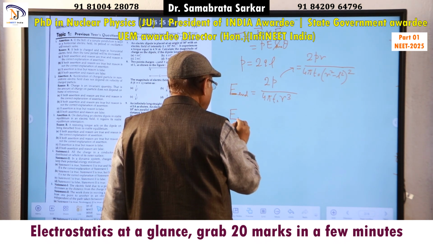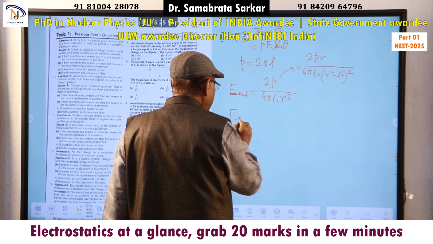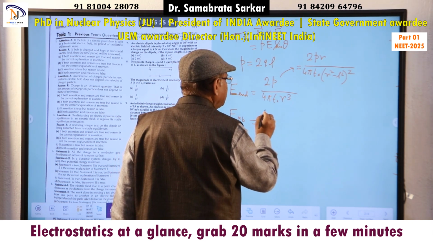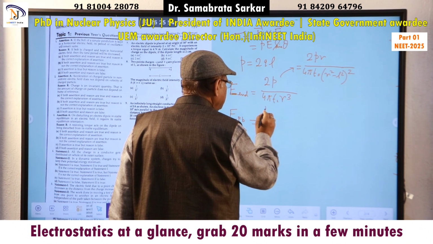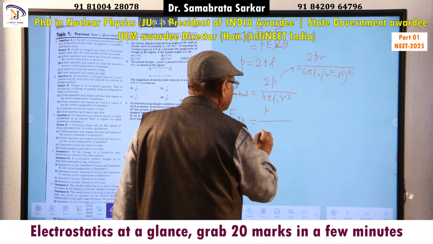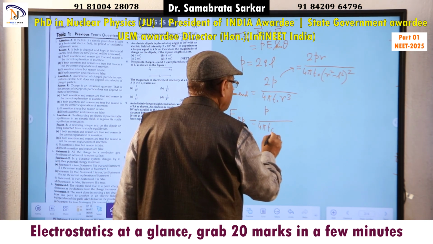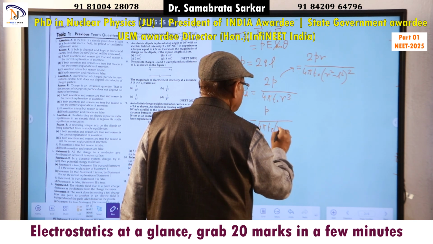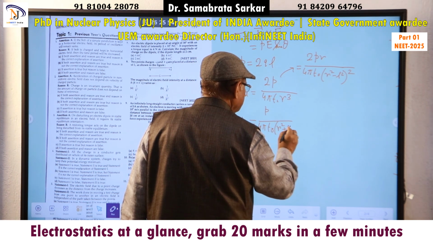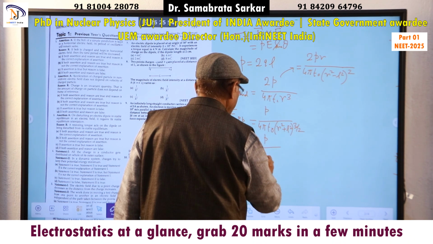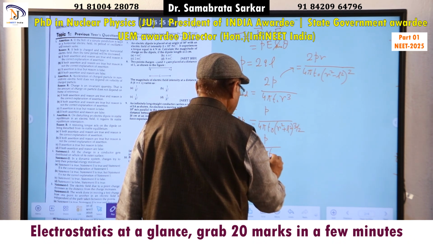What is it? It is the perpendicular bisector position. What relation is there? P by 4 pi epsilon naught, R square plus L square to the power 3 by 2, or P by 4 pi epsilon naught R to the power 3.